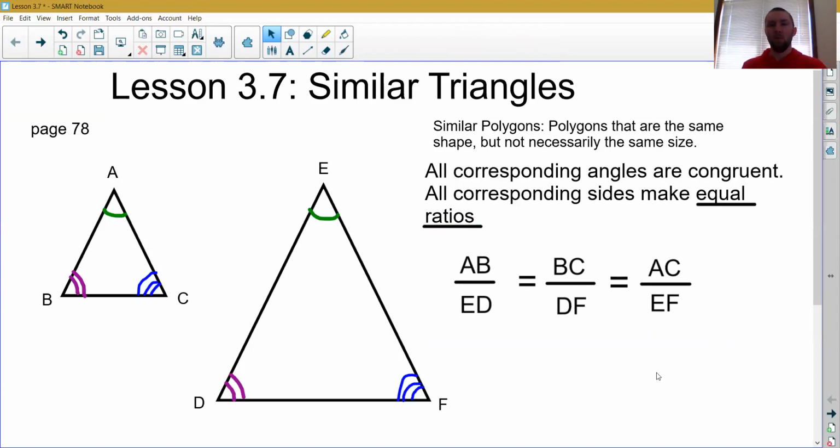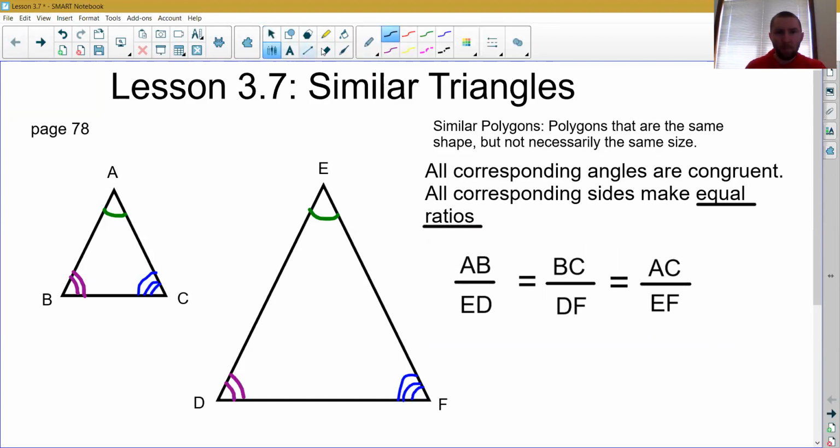So what this allows us to do is set up what we call proportions, two fractions equal to each other with one missing piece, and solve for that missing piece. Figure out the value of that missing piece.